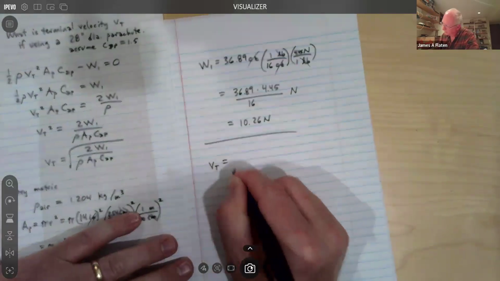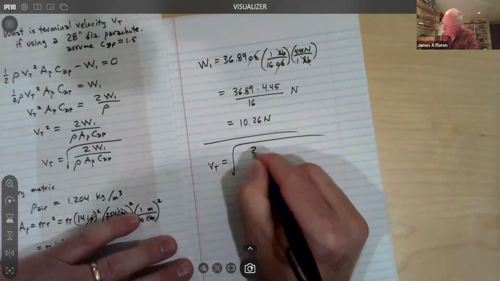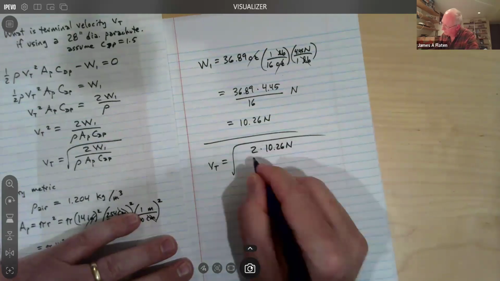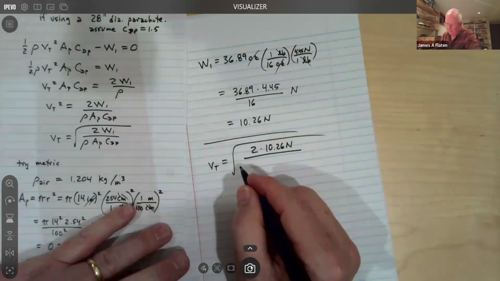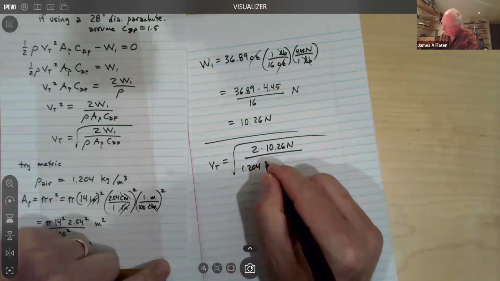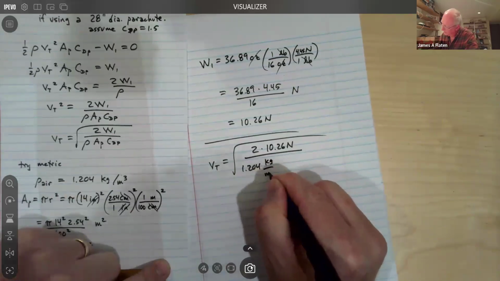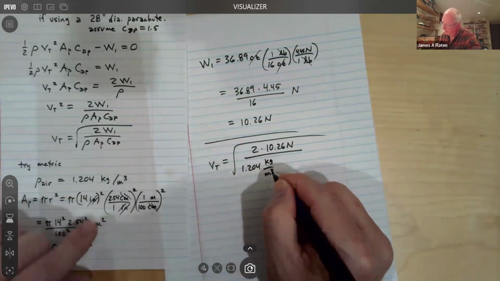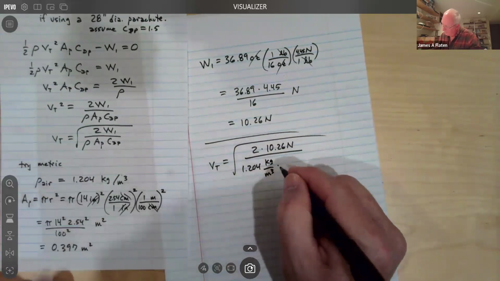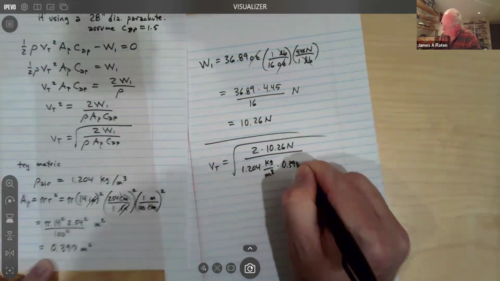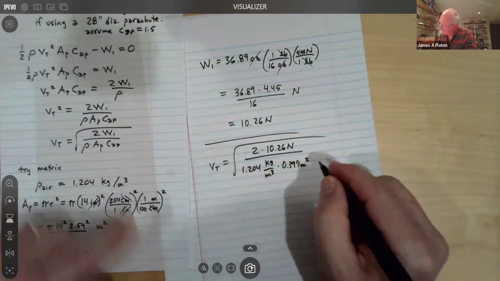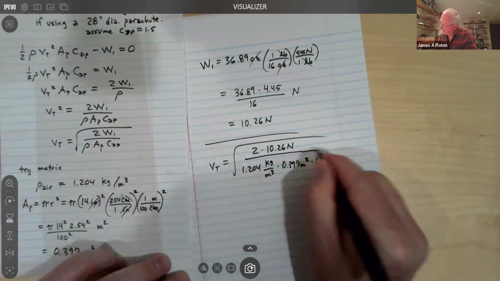Terminal velocity is the square root of 2 times 10.26 newtons divided by 1.204 kilograms per meter cubed times 0.397 meters squared times 1.5.